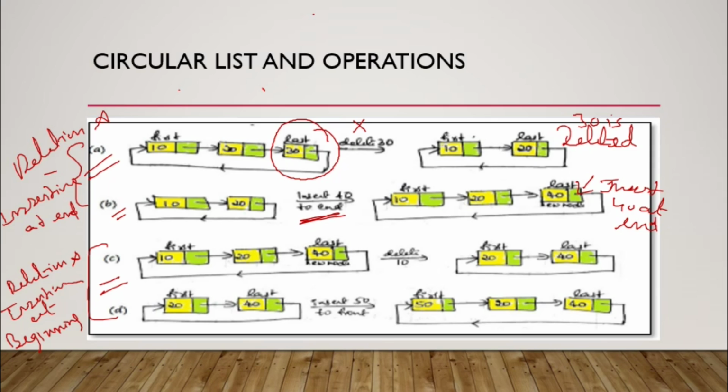What I make is 40, which is the last node, point to the next of the first node. How do we do that, students? We move the first pointer, which is at 10, to 20, and we delete. So first we move first to the new first. Then the last pointer we make point to the next of the previous first node. That is how we do it.